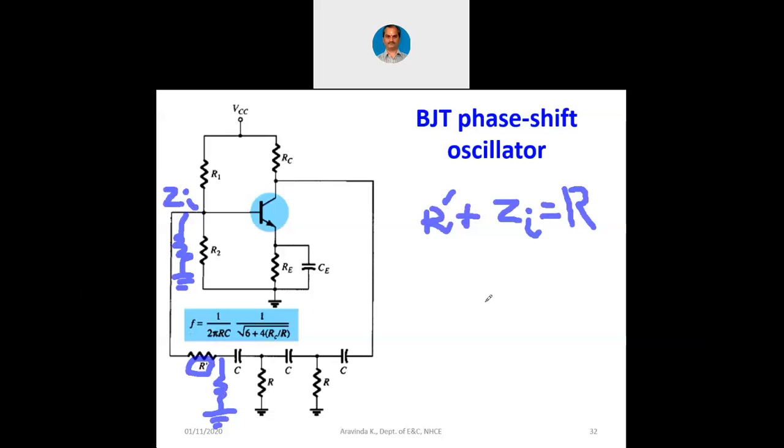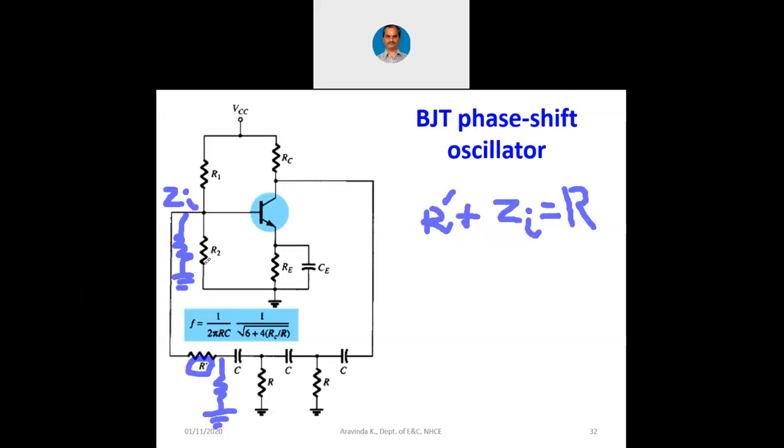But the problem here is we don't know the Zi value, right? The value of Zi will be changing because the value of Zi is dependent on the value of beta of the transistor. Beta will be changing from device to device. So what is the solution now?